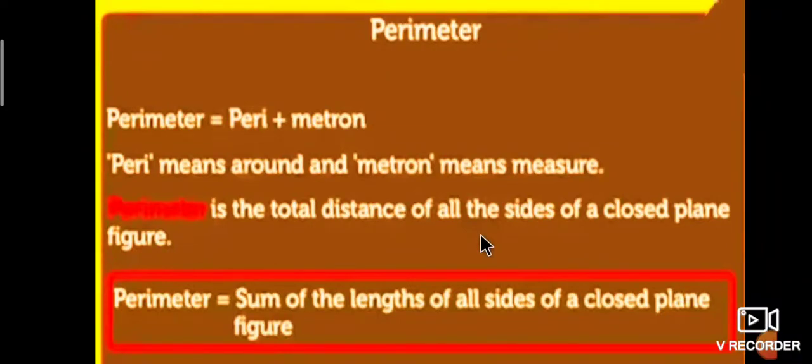Perimeter is equal to the sum of the lengths of all sides of a closed figure. It is derived from the Greek words peri plus metron, where peri means around and metron means measure.